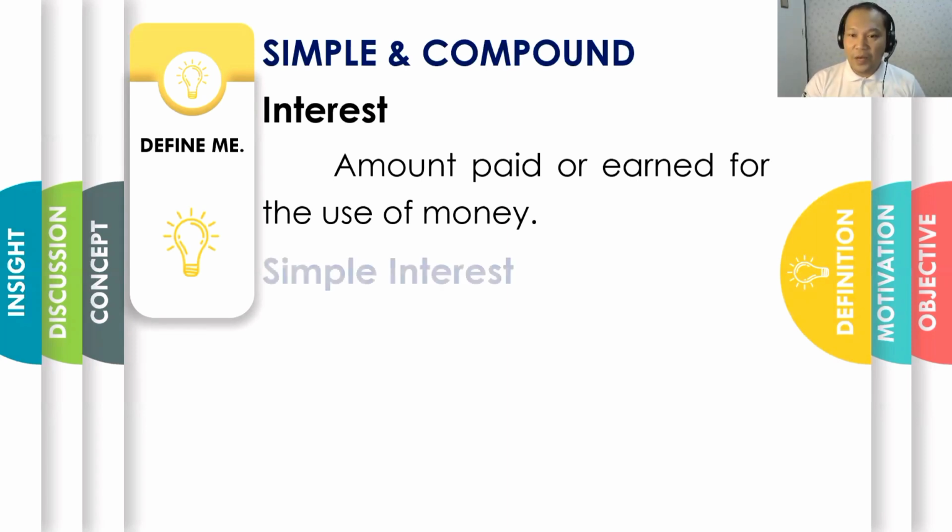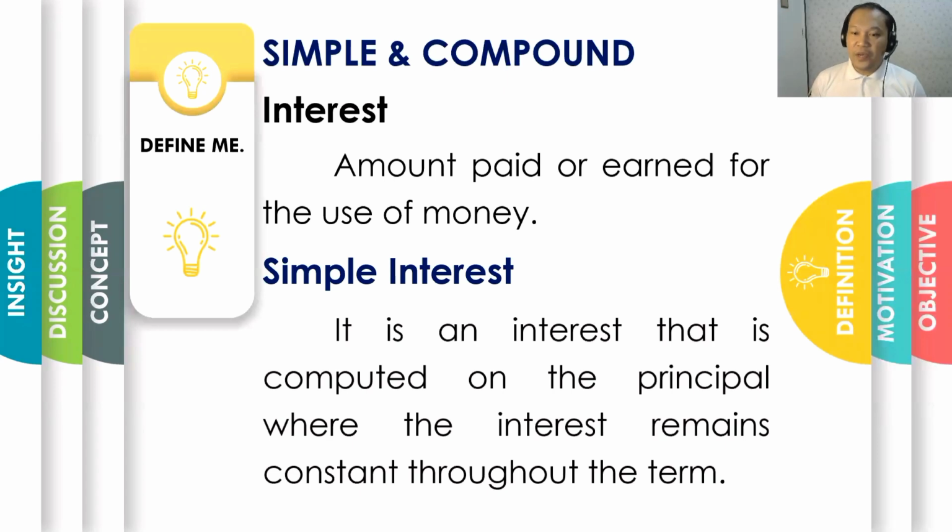Okay? Now, on the other hand, when we talk about simple interest, wherein Peter wants to invest his money in a simple interest, it is a type of interest that is computed on the principal where the interest remains constant throughout the term.